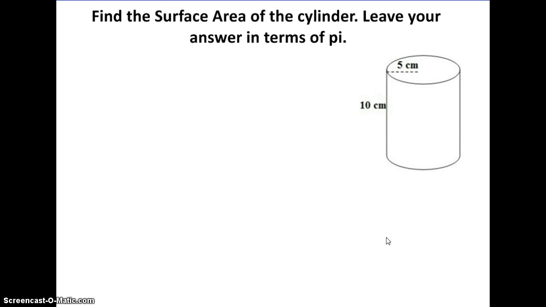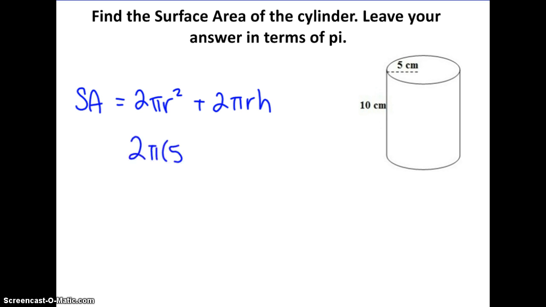So let's go ahead and find the surface area of this cylinder using the formula, and we're going to leave it in terms of pi. Recall that the formula for the surface area was 2 pi r squared plus 2 pi r h. So 2 pi r squared are the area of the 2 circles. So 2 pi times 5 squared.